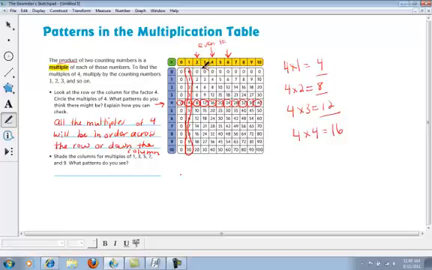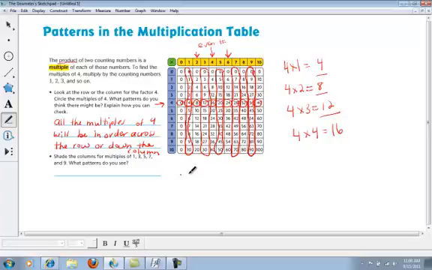So there's 1. Let's look at 3. 5. 7, and 9.